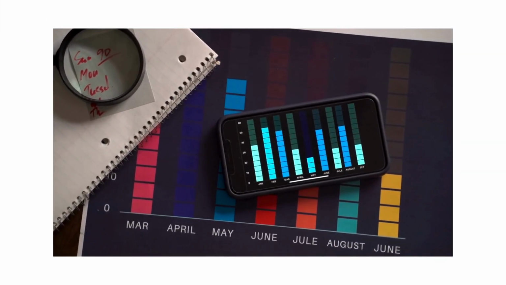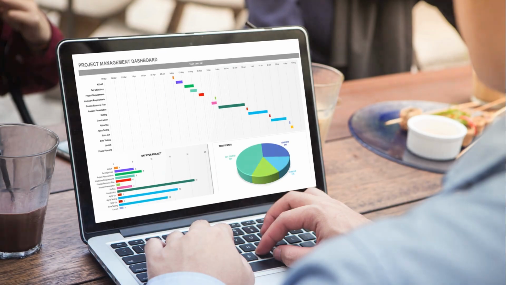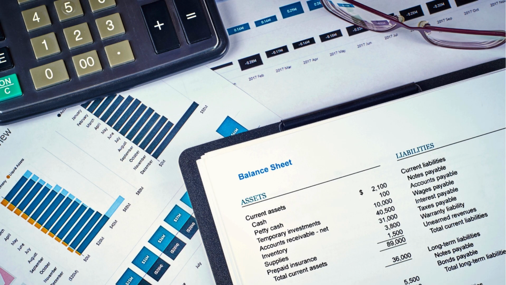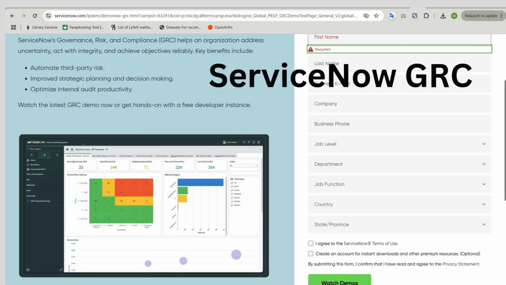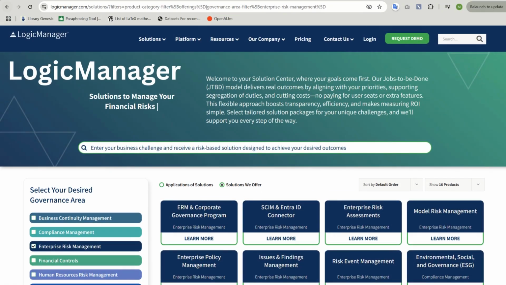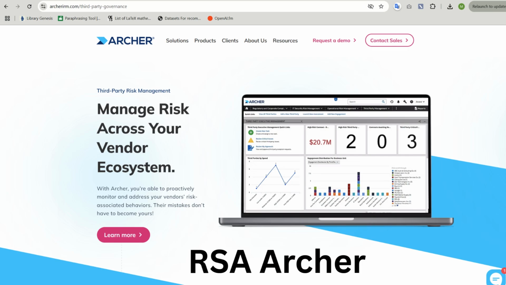Now that you understand how to build a risk register, let's talk about tools that make the process easier and more scalable. For beginners or smaller teams, you can start with Excel or Google Sheets. They're flexible, easy to share, and quick to set up. But they can get messy as risks grow. For larger organizations or enterprise-level security, tools like ServiceNow GRC, LogicManager, RiskLens, and RSA Archer offer integrated governance, risk, and compliance GRC platforms.